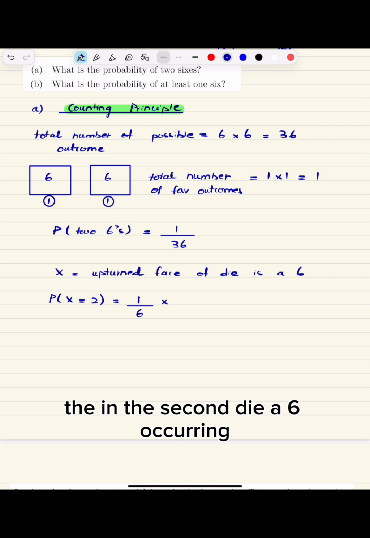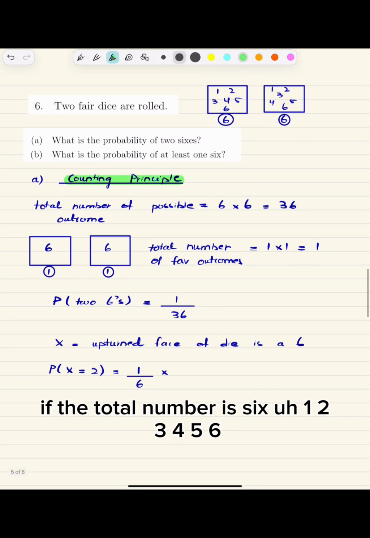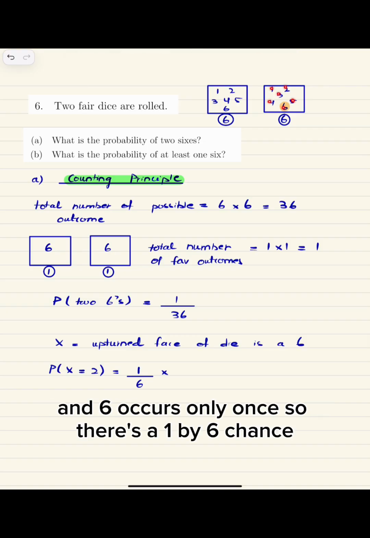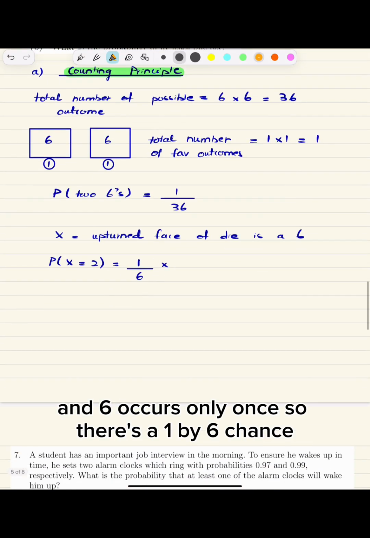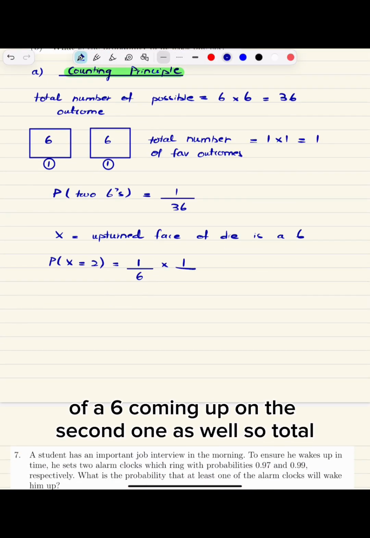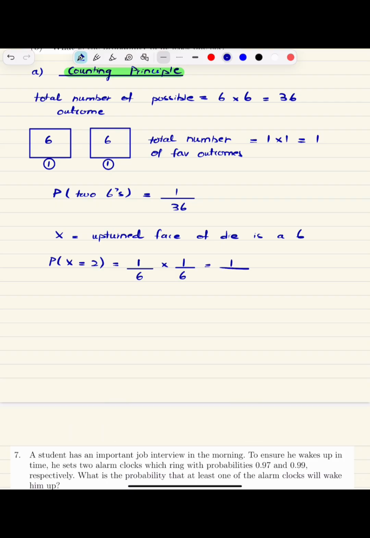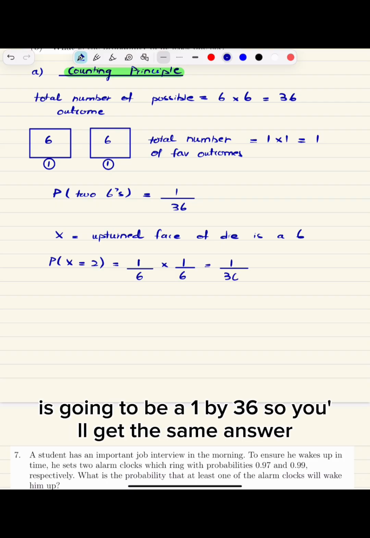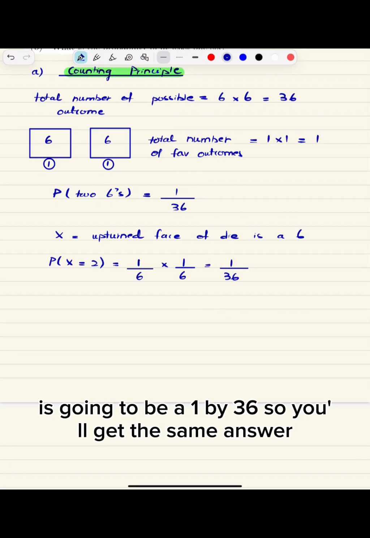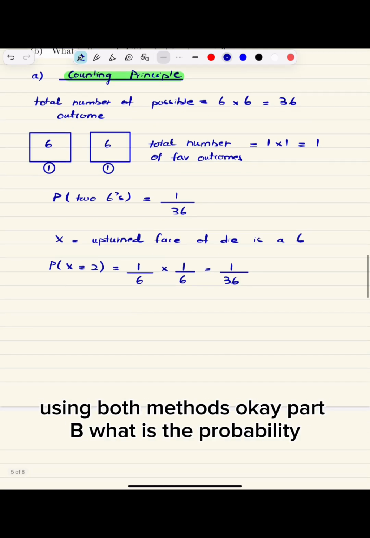The total number is 1, 2, 3, 4, 5, 6, and 6 occurs only once. So there's a 1 by 6 chance of a 6 coming up on the second one as well. So total probability is going to be 1 by 36. So you'll get the same answer using both methods.